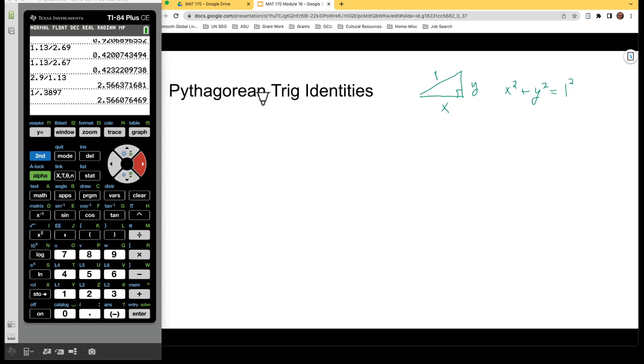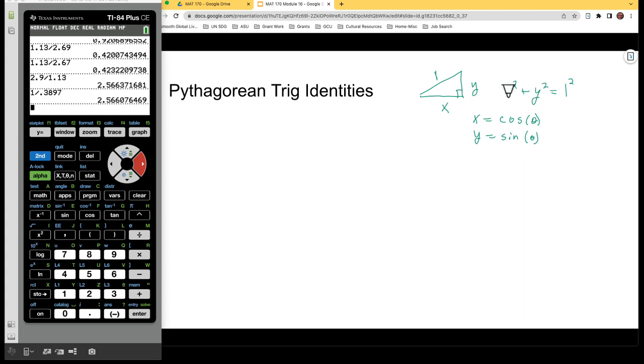As we go into our trig identities, remember, when we have the unit circle, the x-coordinate is what we define the cosine of the angle to be. The y-coordinate is what we define the sine to be.